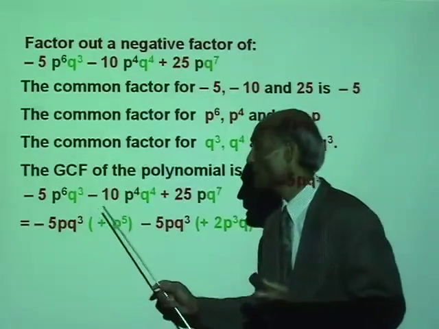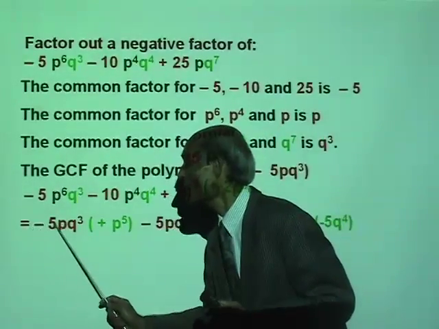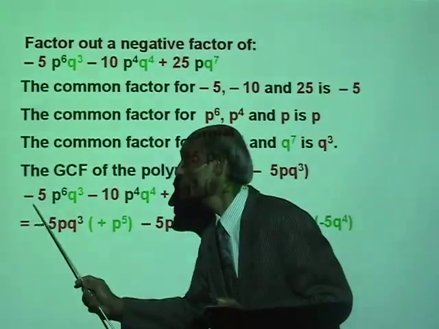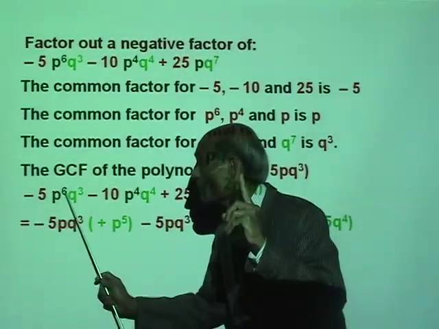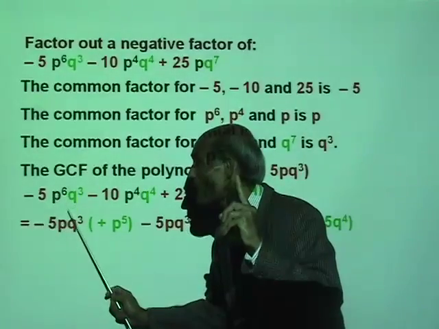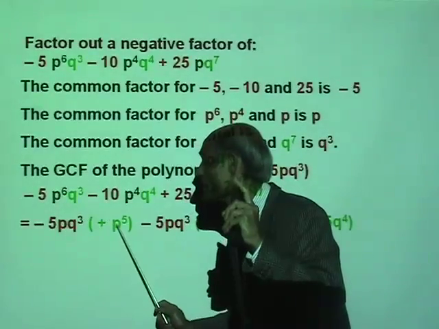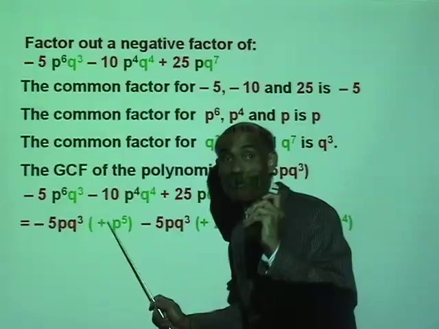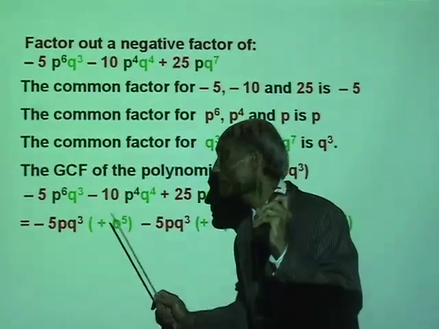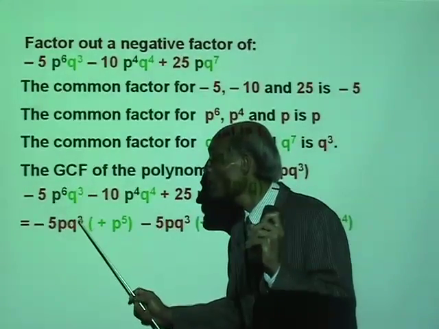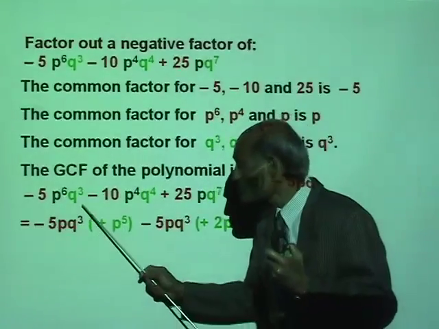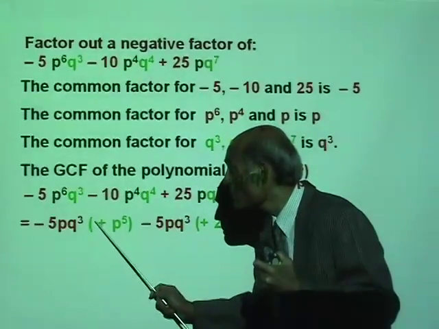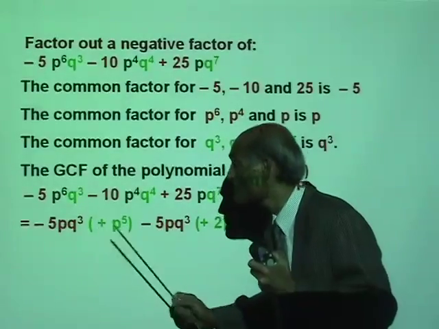I hope you understand that. After -5 is factored out, from -5 you have a +1. From p to the 6th you factor out a p, leaving a p to the power 5. And from q cube you factored out a q cube, leaving a 1. So what is left in the first term is positive p to the power 5.